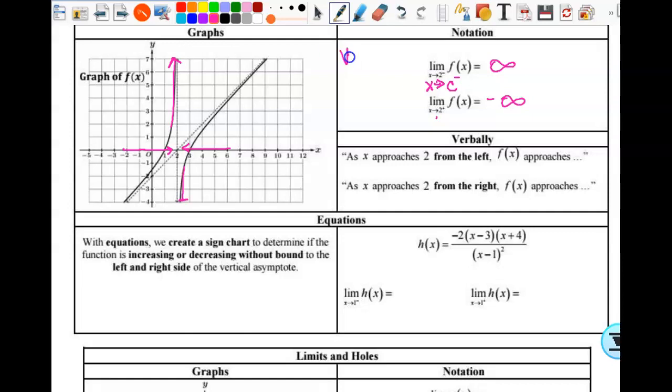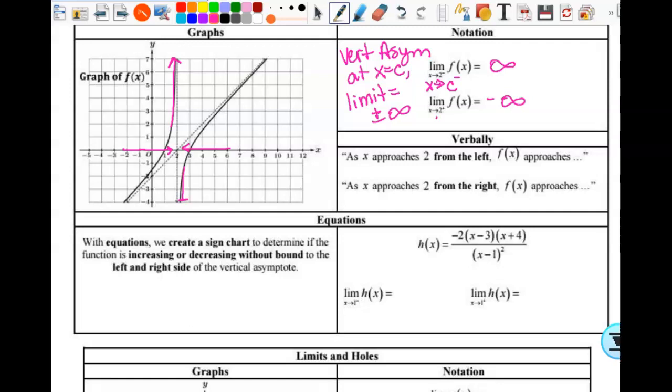So if I have a vertical asymptote at x equals c, then the limit is going to equal plus or minus infinity. Because when we're approaching a number and we're talking about rational functions, we're talking about either vertical asymptotes or holes, okay? And so if I know it's a vertical asymptote, my answers have to be infinities, and I just got to figure out which one it is, all right?